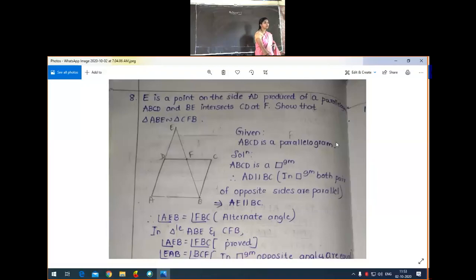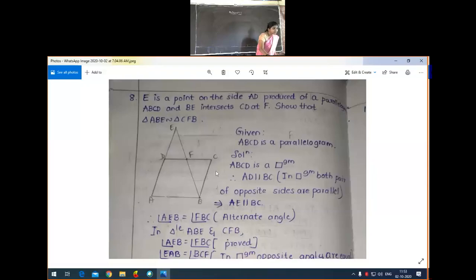ABCD is a parallelogram, it is given. So we'll start the problem with the given data. ABCD is a parallelogram in the sense AB is parallel to DC and also the other pair, AD is parallel to BC, right? Both pairs of opposite sides are parallel.